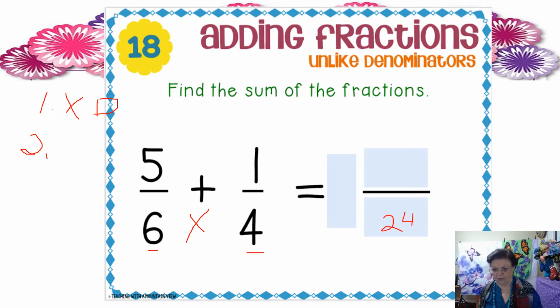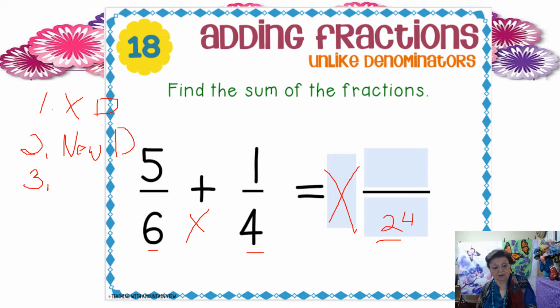We're going to ignore this right now. And that gives you your new denominator, the 24. Now, step 3, whatever you do to the bottom, yes, you have to do to the top.